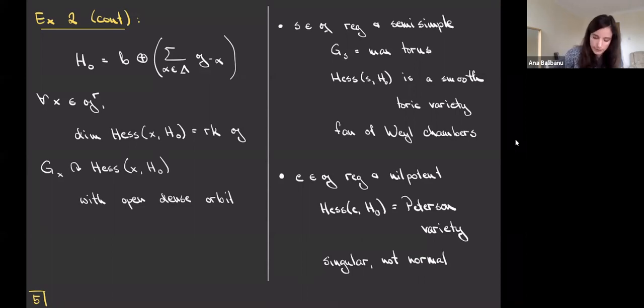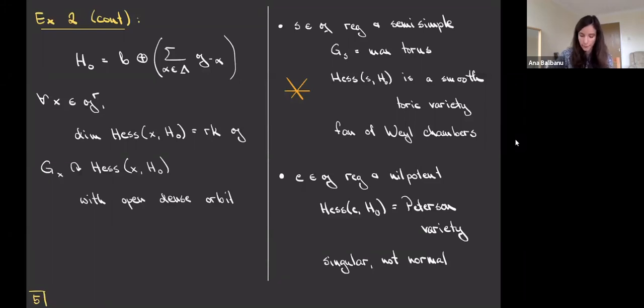So the one corresponding to this one is the fan that is made by the Weyl chambers. So in SL3, this is going to look something like this. And this was maybe the motivating example that led De Mari, Procesi, and Shayman to define these objects in the first place.